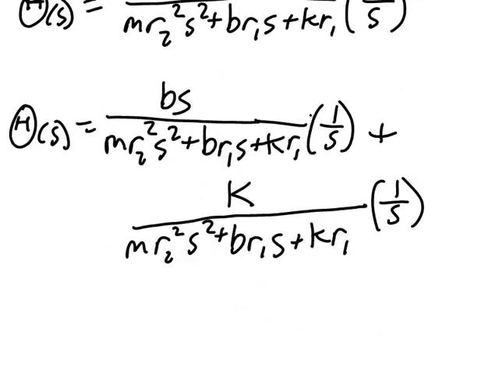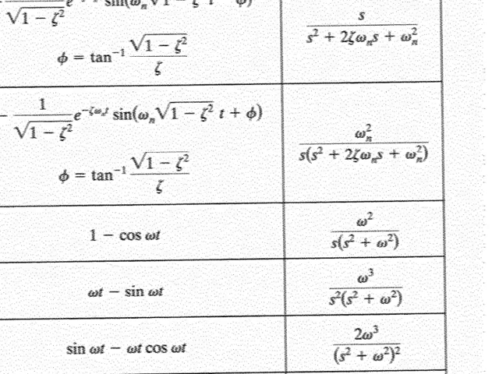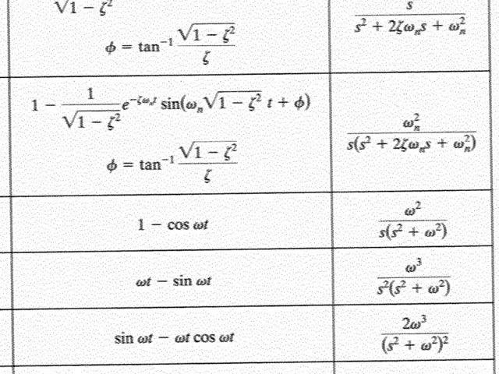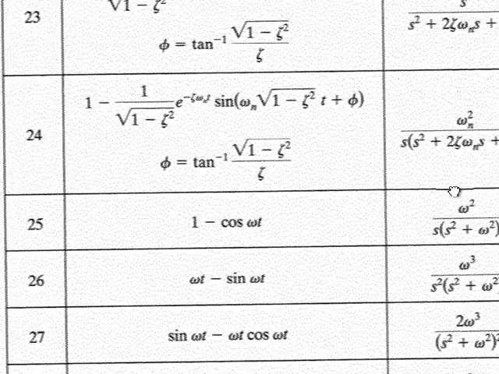Now, in the first term, the s here being multiplied by this function is going to cancel out with the s in the numerator. Let's see if this first term and this second term can both be matched to some line on the table. The first term no longer has a 1 over s, so it doesn't match line 24 anymore.